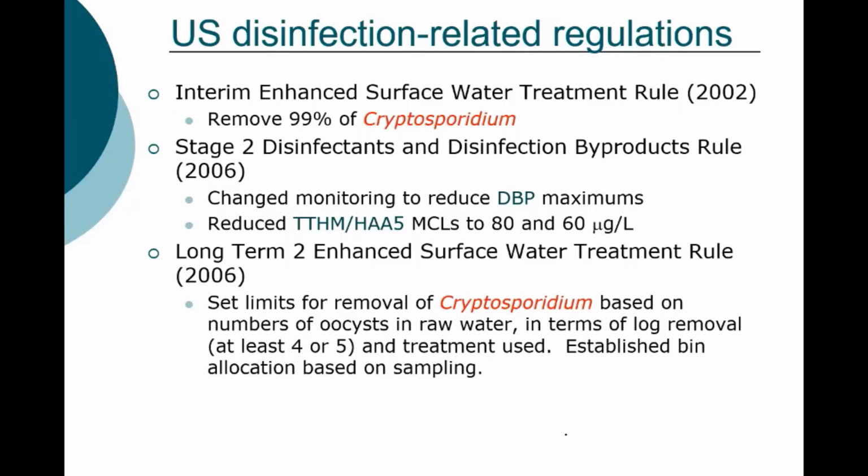So for instance, in Flint, back in December of 2014, the city of Flint had been monitoring, and they had very high levels of trihalomethanes in a number of locations. The Michigan DEQ issued a warning to the city that they needed to adjust their treatment system to reduce their levels.